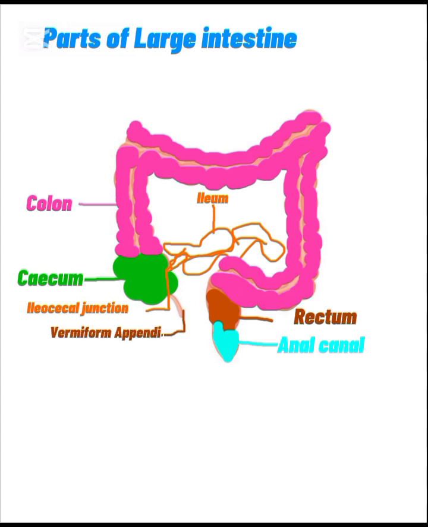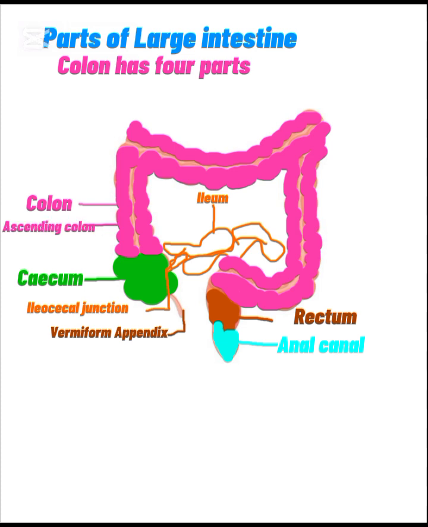Vermiform appendix, that is a fine tube of about 8 to 9 centimeters long, rich with lymphoid tissues, is attached to the cecum. It has no digestive functions but can cause significant problems when inflamed, a condition known as appendicitis.